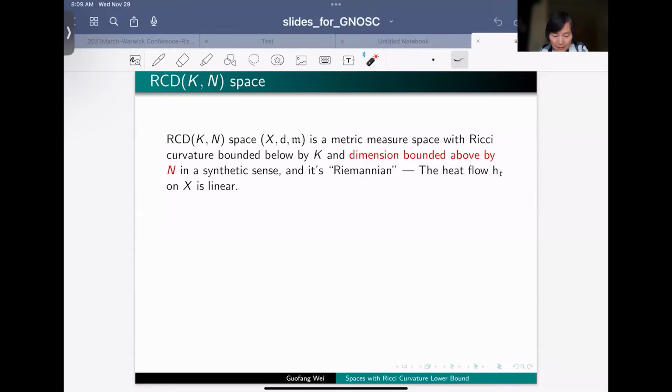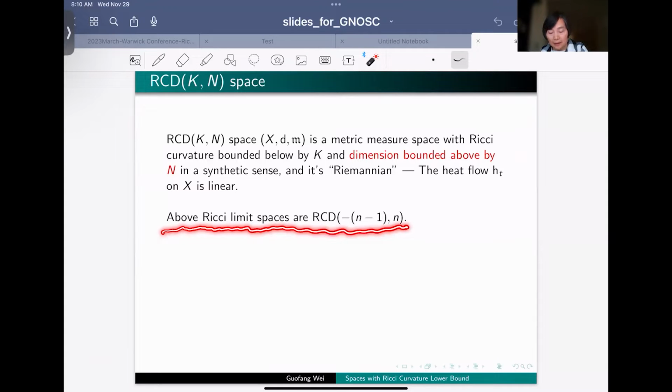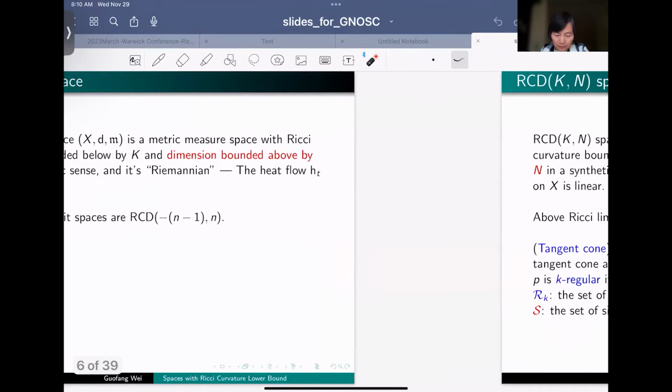For us, instead of going into the definition, it's convenient that the Ricci limit spaces in the first page are indeed RCD spaces, with curvature bounded from below by negative n minus 1 and dimension bounded above by n. So sometimes I'll just refer to them as RCD spaces. Ricci limit spaces are a subset of RCD spaces. Lots of the things I talk about can be extended to RCD spaces.